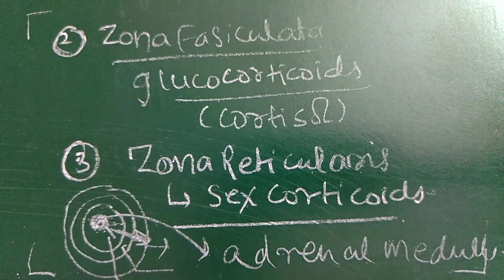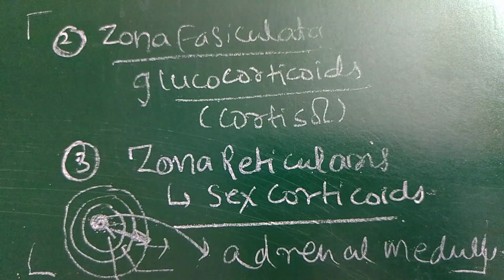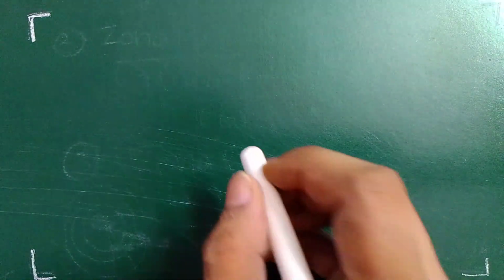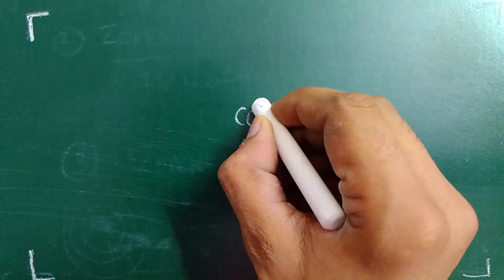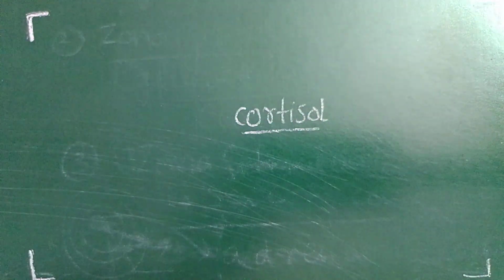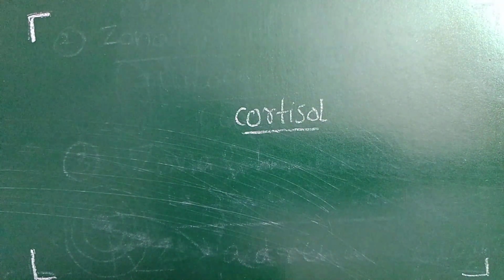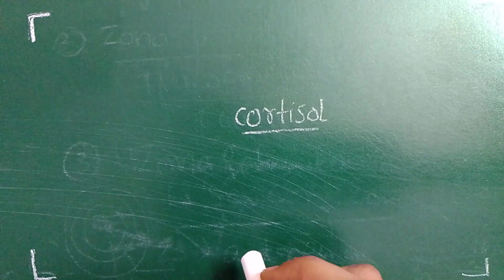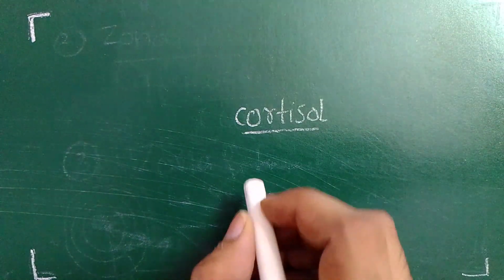Now we will discuss something different. Now we will discuss more about cortisol, which is a glucocorticoid. Now what does it do? It does muscle protein breakdown.